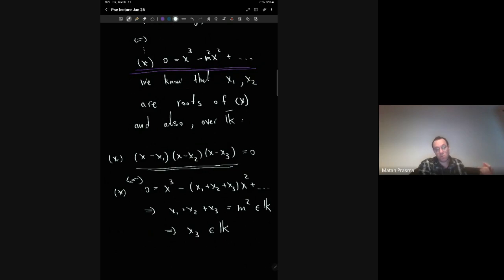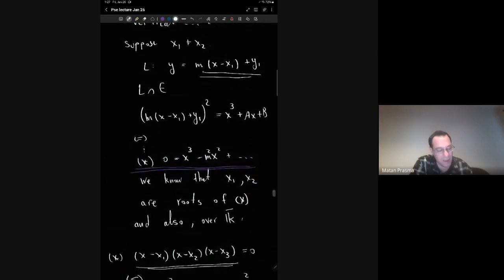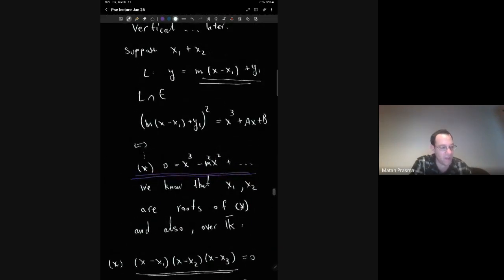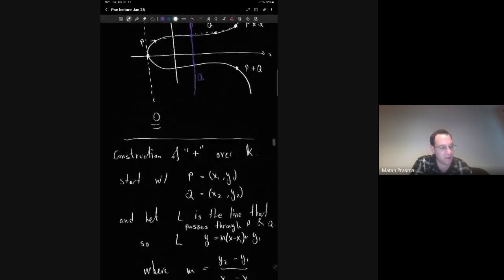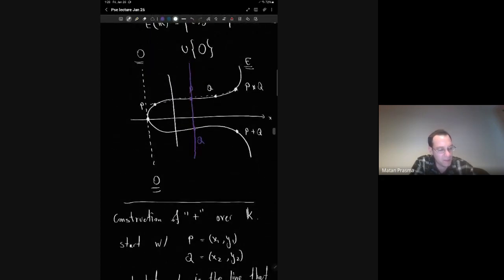Okay, so now we're almost done for this case, because we have the x coordinate of the intersection. This line intersects the curve at p star q, and we have the x coordinate. The x coordinate of this is x3. What is the y coordinate?